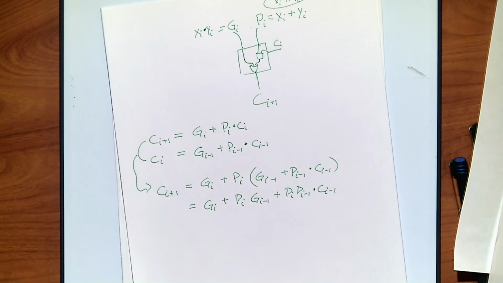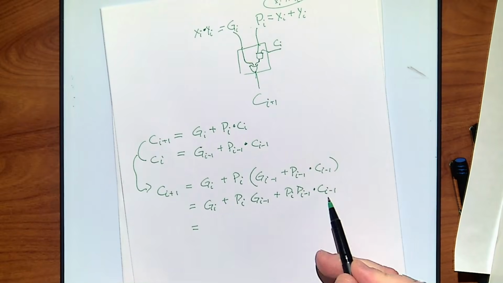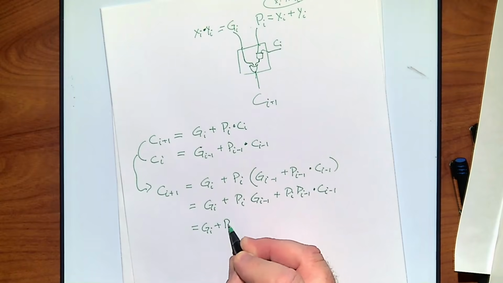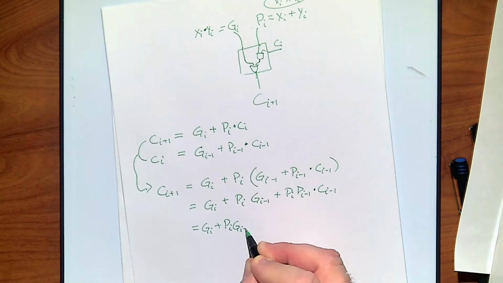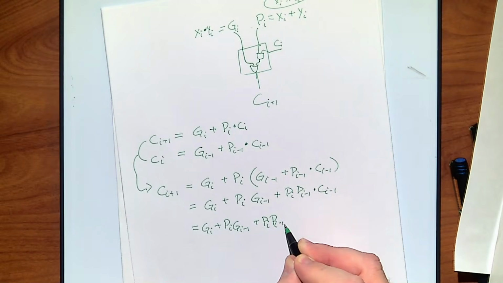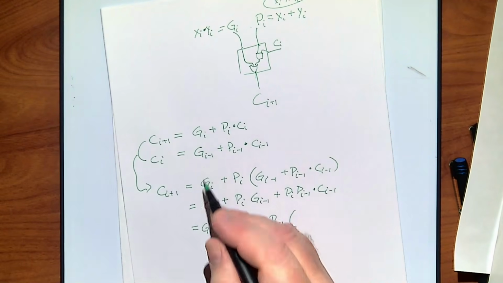But I could then expand this too, right? I could say, well, what if I wanted to go back another level? What if I wanted to go back not to I minus 1, but to I minus 2? I just have generate I, propagate I, generate I minus 1, propagate I minus 1, and then again substitute in an expression for I minus 1.